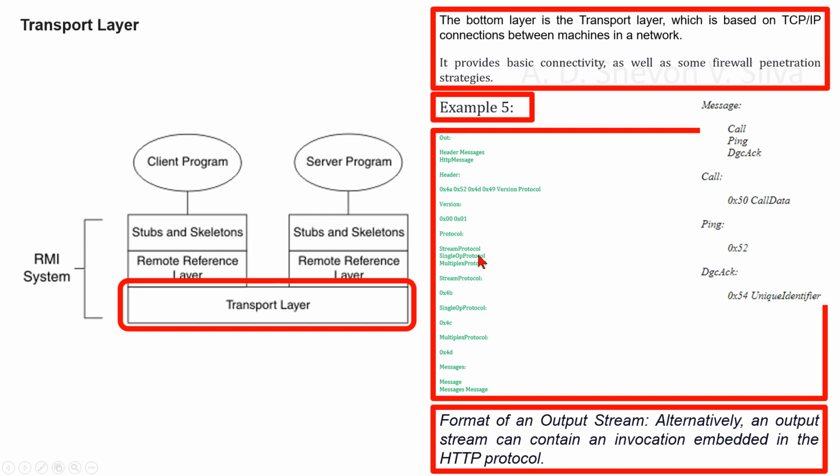For the stream protocol and the multiplex protocol, the server must respond with a byte 0x4e, acknowledging support for the protocol, and the endpoint identifier that contains the hostname and port number that the server can see is being used by the client.